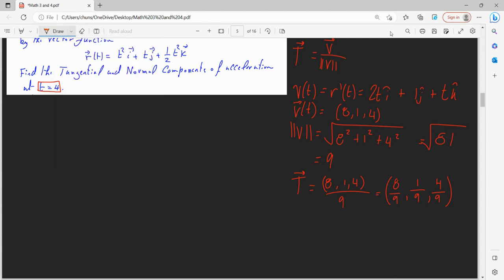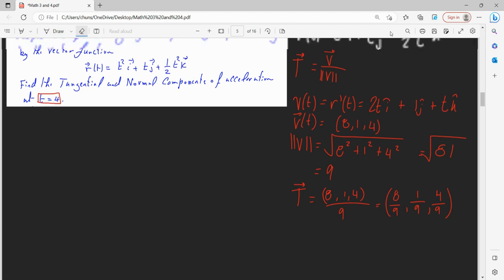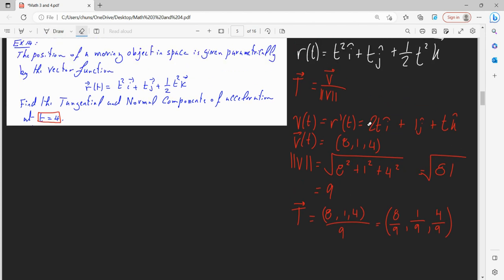And now let's find, oh, no, wait, hold on. Sorry, I believe I misread the question. So this is just some nice practice. I actually misread the question. We're not finding our unit vectors, we're finding the components of acceleration. So never mind that.